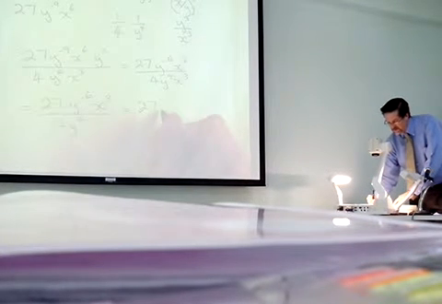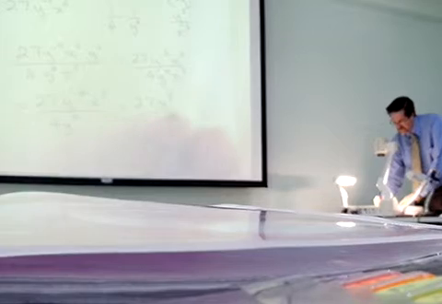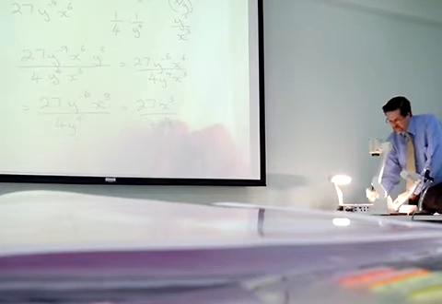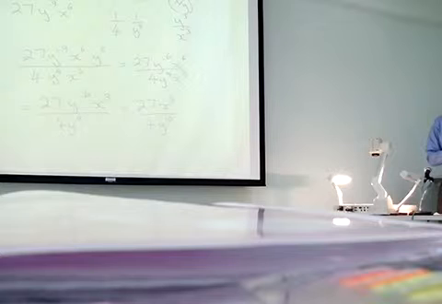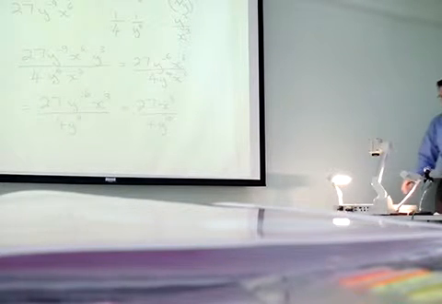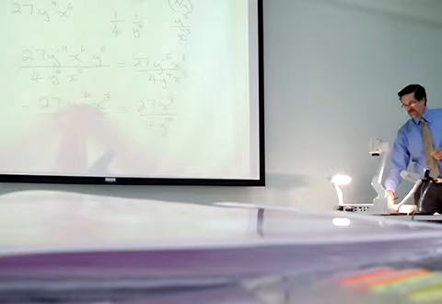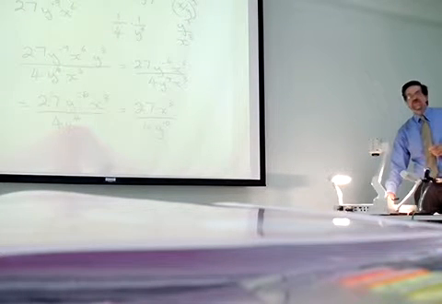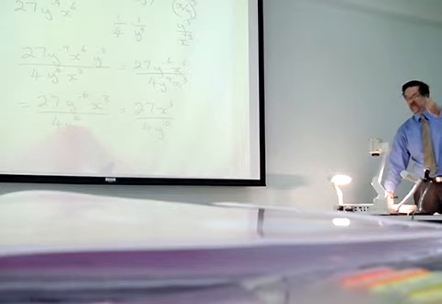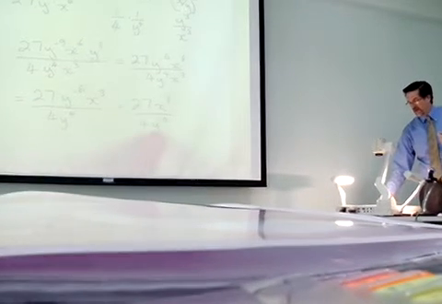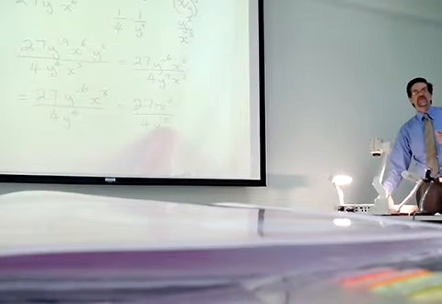So that means that the simplification would be that. Understand? Negative 6 minus 4 is negative 10. Y to the power negative 10 is 1 over y to the power 10.